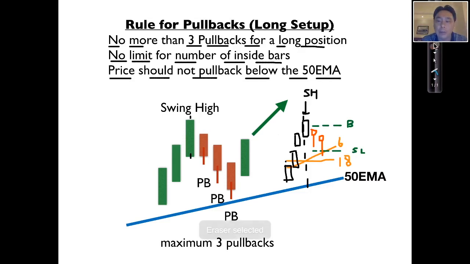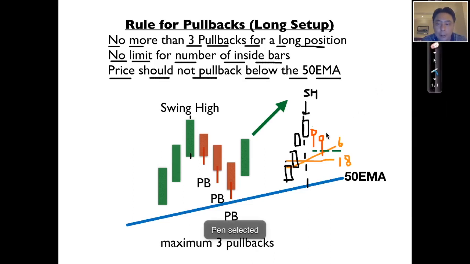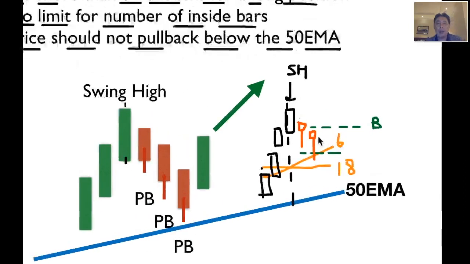In this case, I will then cancel my initial buy order, cancel my initial stop loss, and now my new buy order will be above the high of this candle because this is the last pullback that we have. Initially this was the trigger candle, but it didn't get triggered, so now this is my new trigger candle.